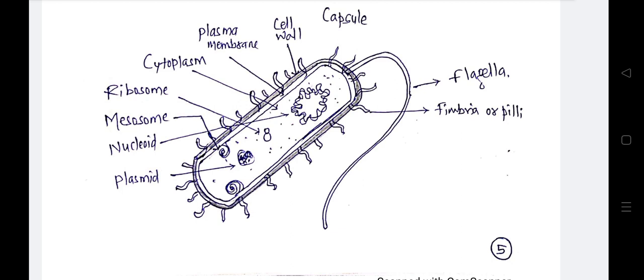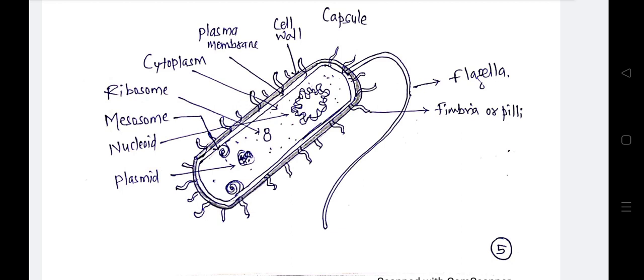Monotrichous flagella we can report in Vibrio. Amphitrichous is reported in Nitrosomonas. Cephalotrichous is reported in Pseudomonas, whereas lophotrichous is reported in Spirillum. Under the electron microscope, such flagellar arrangement can be studied.